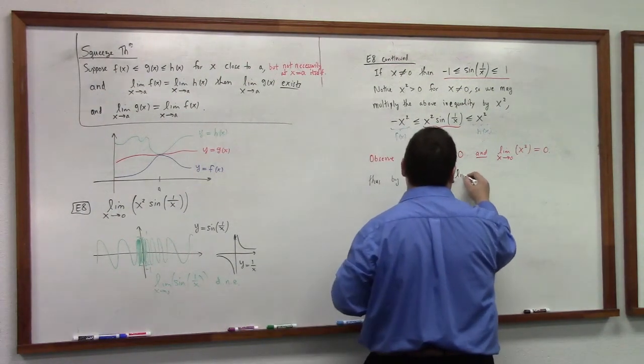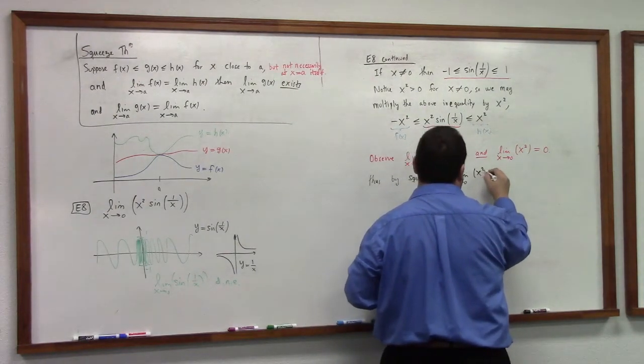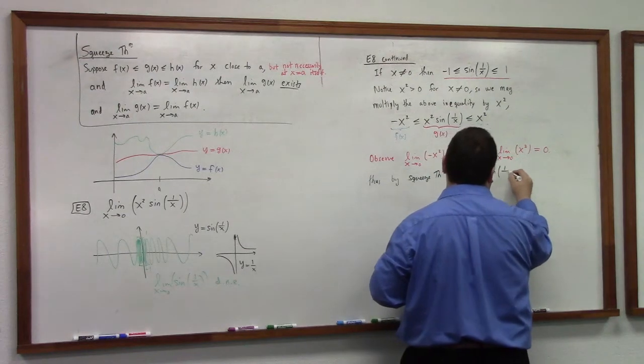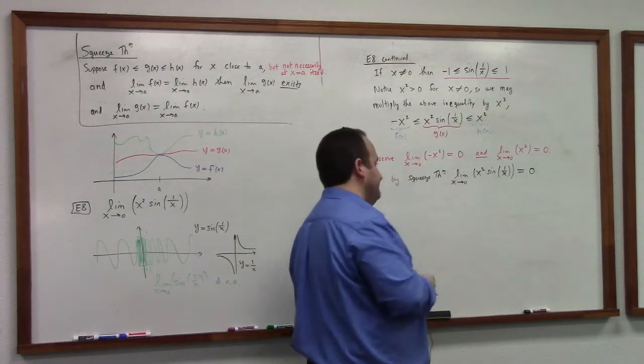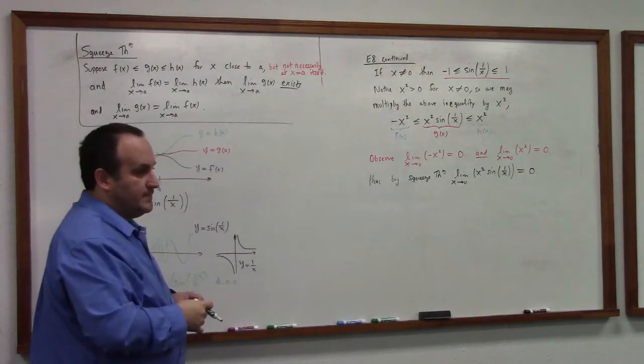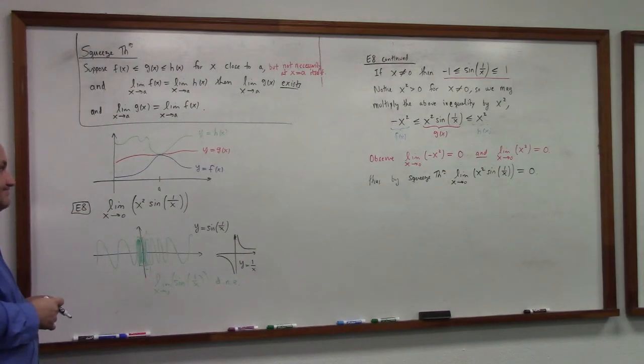By the squeeze theorem, the limit as x goes to 0 of x squared sine of 1 over x is equal to 0. So that's the squeeze theorem.